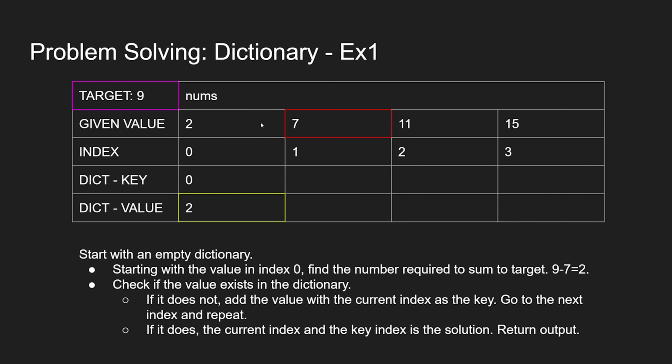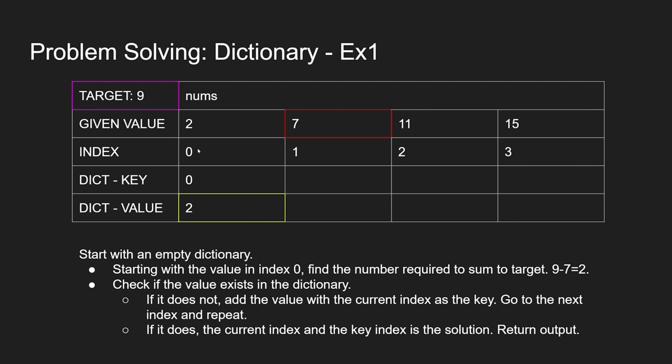The next number is 7. Now if you take the target and subtract 7, you get 2. And if you check the dictionary, 2 exists. So we know that the 2 is from a previous number.